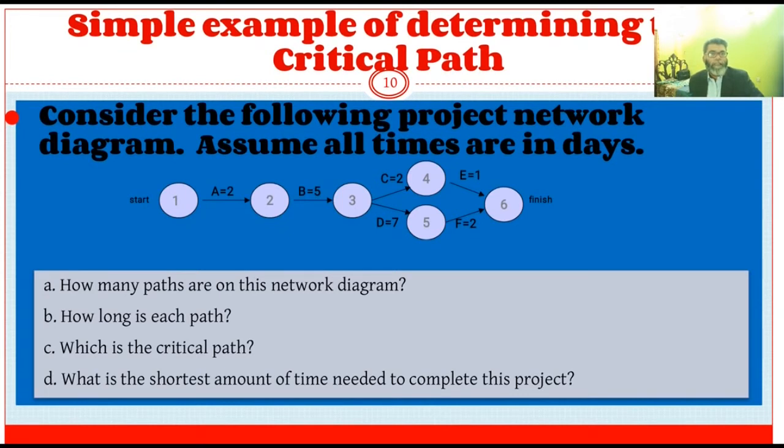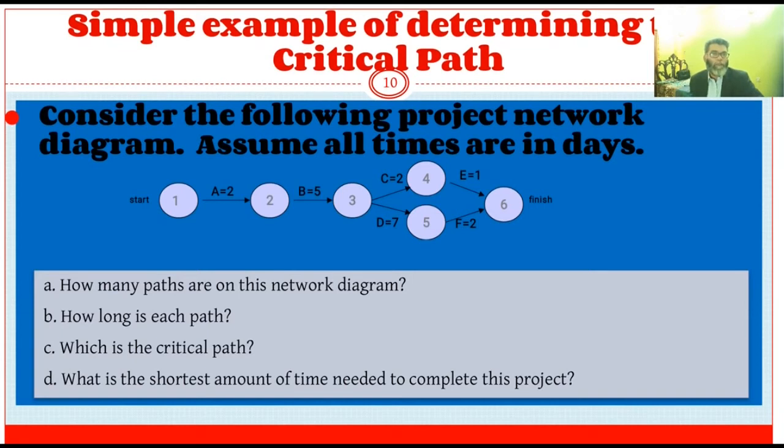It is given from start, nodes 1, 2, 3, 4, 5 and 6, and the values are A equal to 2 days, B equal to 5 days, C equal to 2 days, D equal to 7 days, E equal to 1 day, F equal to 2 days. Question number 1, how many paths are there on the network? We have two paths. Path number 1: 1, 2, 3, 4 and 6.